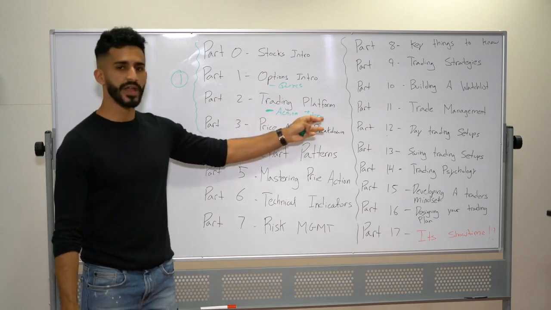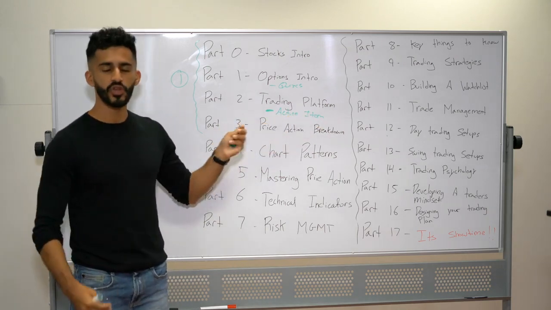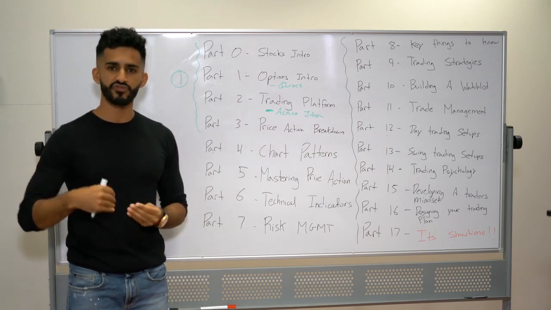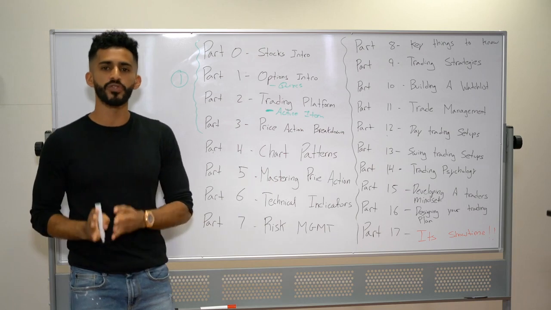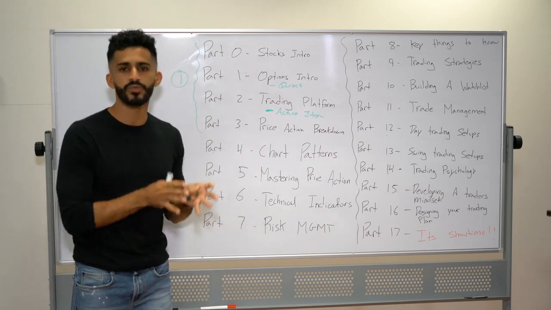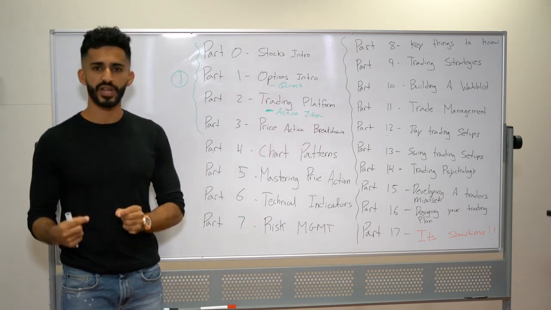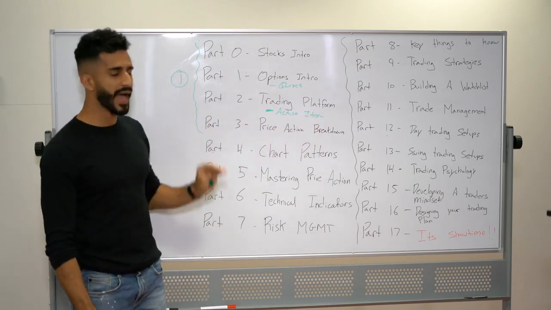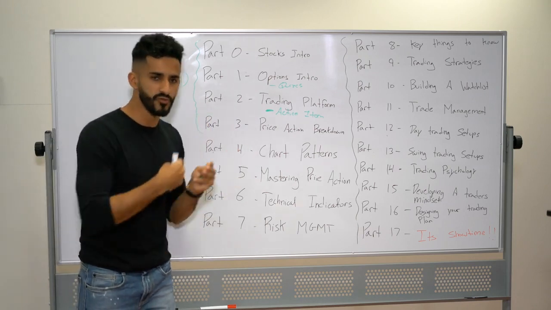Action items is basically homework. Your job is to take the action item, do the assignment that is required, and then submit the assignment on the trader's forum, which I'll break down. So once again, your job is to complete the action items as recommended, and submit your answer on the forum.